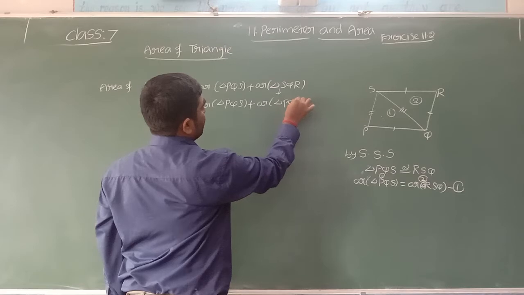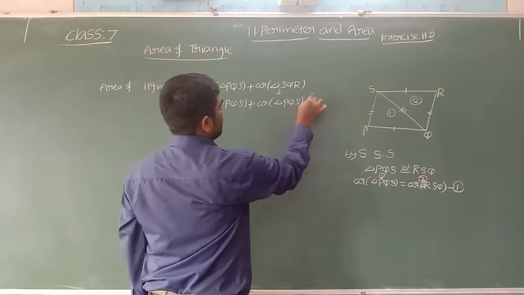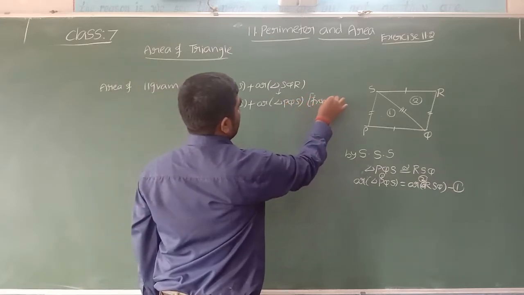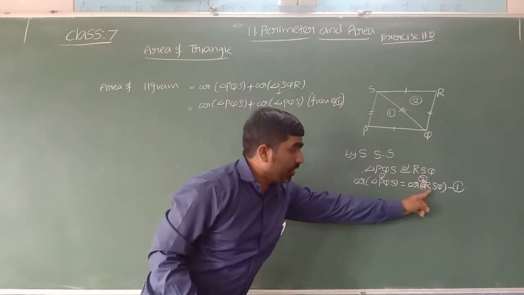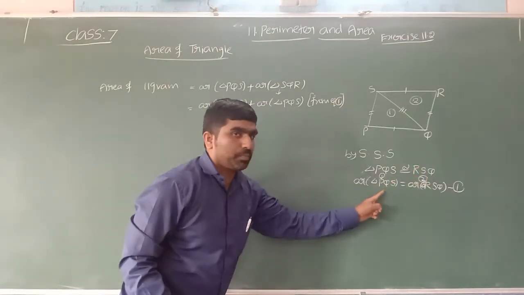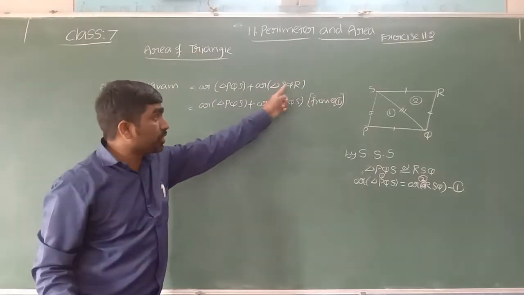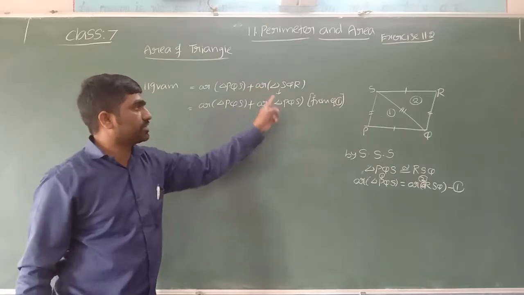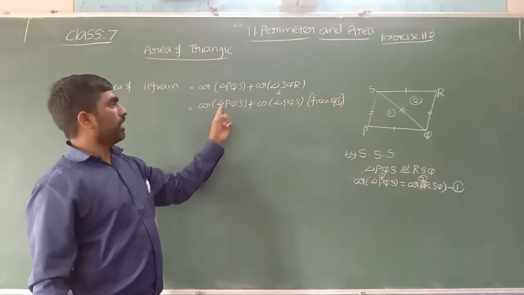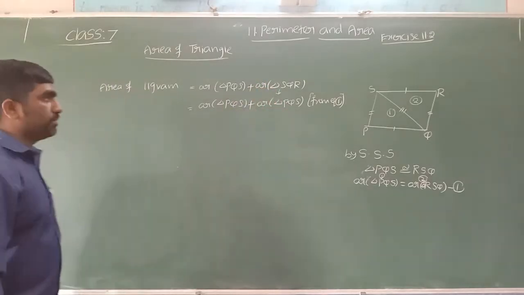The reason is, from equation 1, we know area of triangle RSQ is equal to area of triangle PQS. So instead of triangle SQR, we can write PQS also. Both are equal in areas. If I write like that, I can see both in terms of the same triangle.